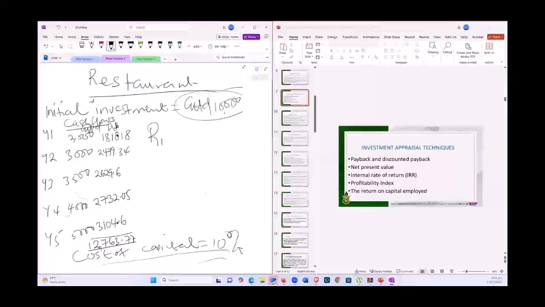Then you use it to discount the nominal cash flows. Go through the process to obtain your total present value. Subtract the initial investment from it to obtain your net present value.